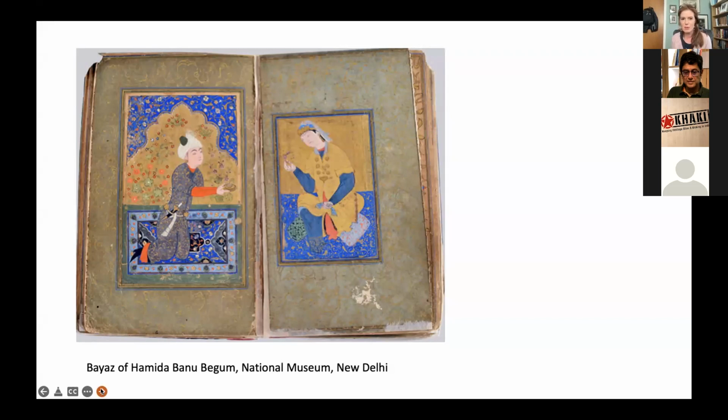They don't seem to be portraits that were originally made to go together, but they have been placed together, and the way they've been placed places this woman in a chief and important role. We don't know whether this painting was actually made as a portrait of Hamida Banu Begum, or whether it was a portrait that was then inserted into the manuscript.